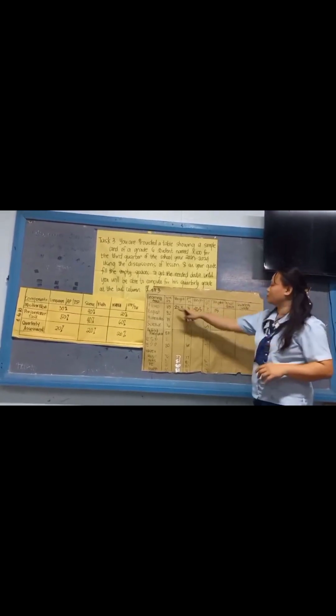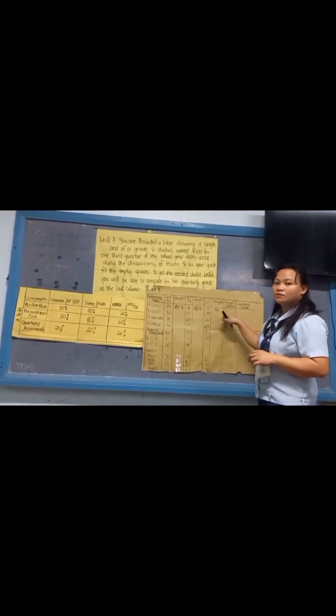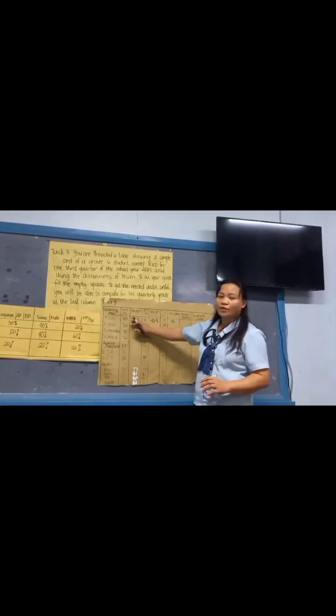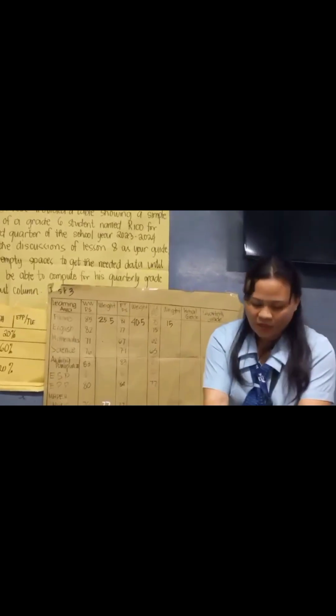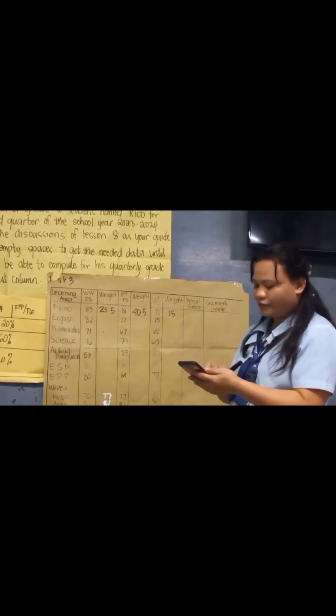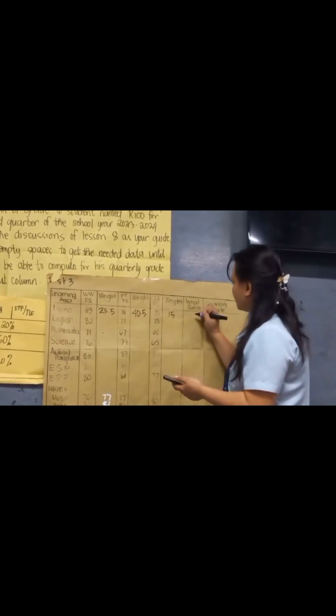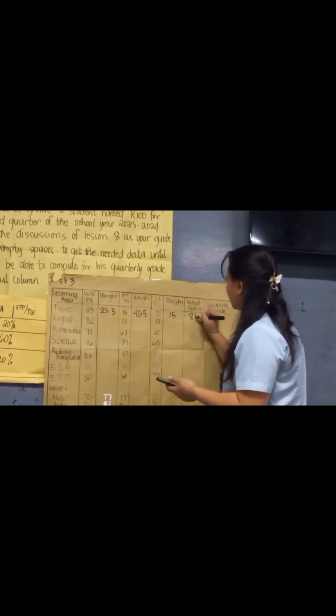Then we're going to add their weighted scores: 25.5 plus 40.5 plus 15. So the total initial grade is 81.